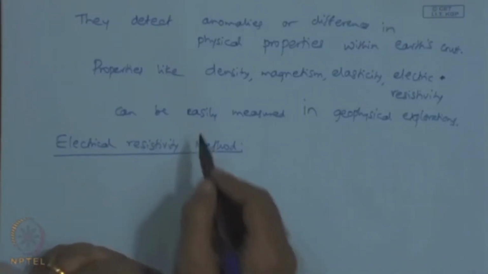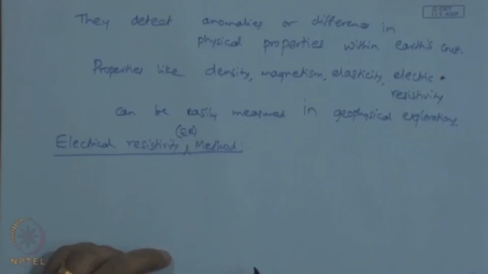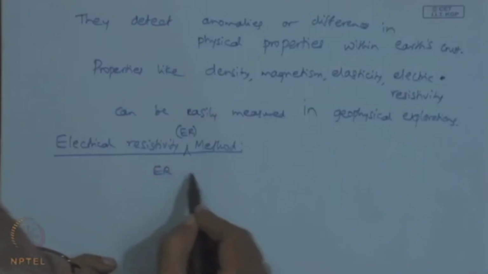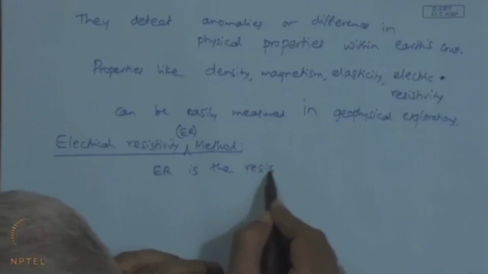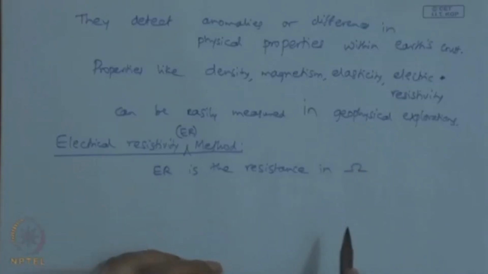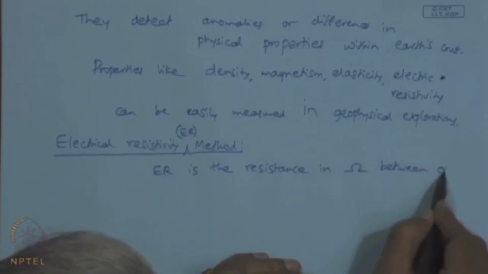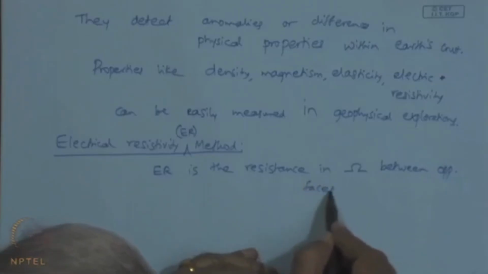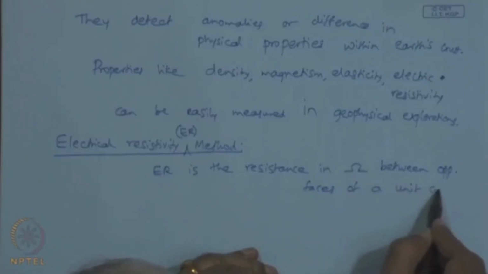This electrical resistivity, abbreviated as ER, is the resistance in ohms between opposite faces of a unit cube of material.